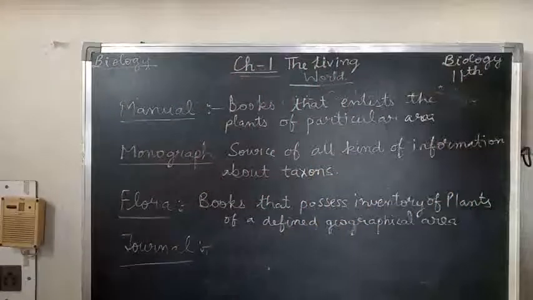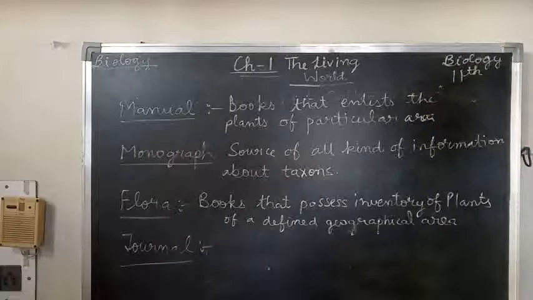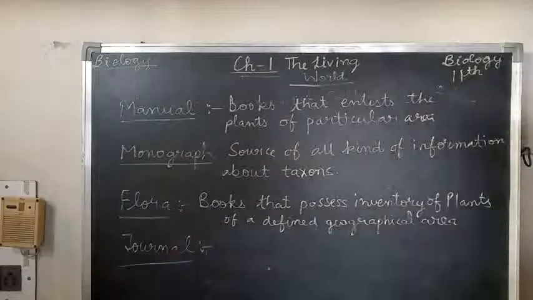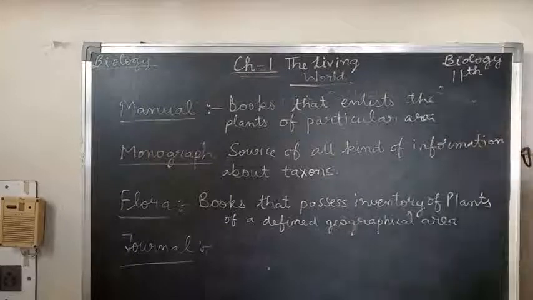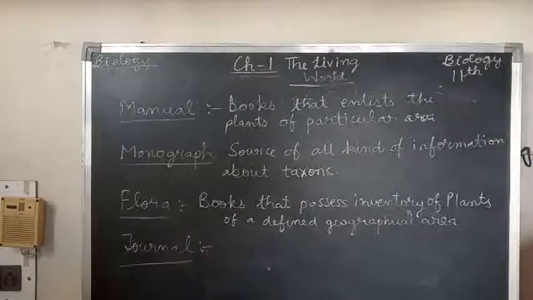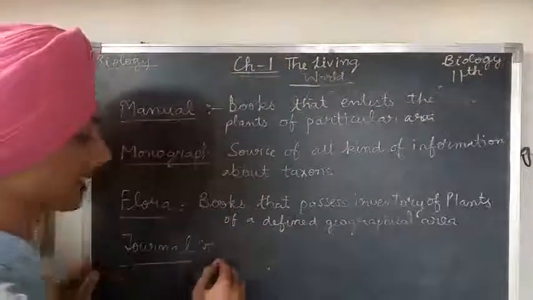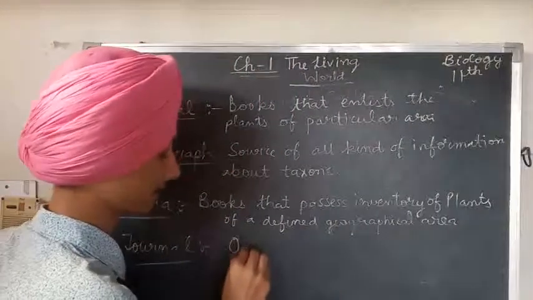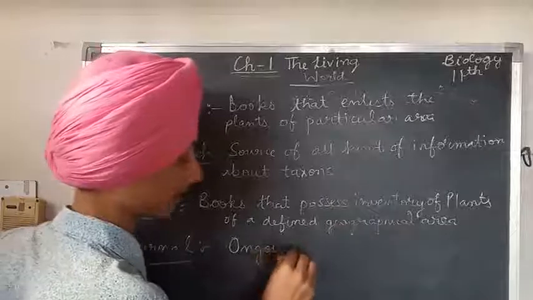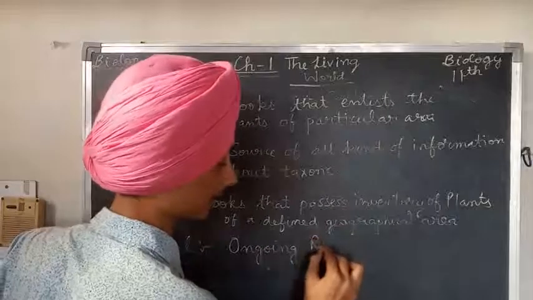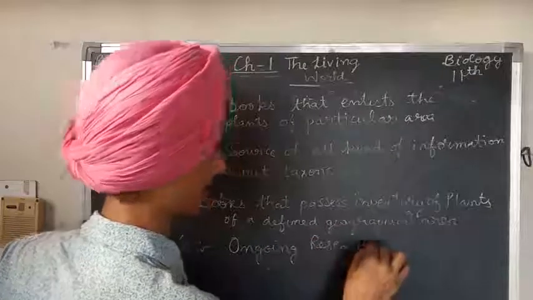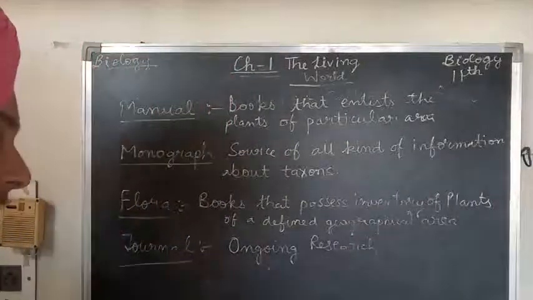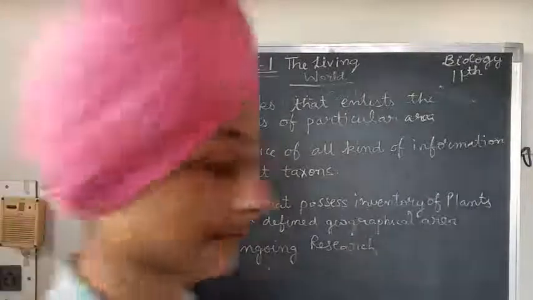So floras are books that possess an inventory of plants of a defined geographical area. The next one is journal. Journals possess information about ongoing research.